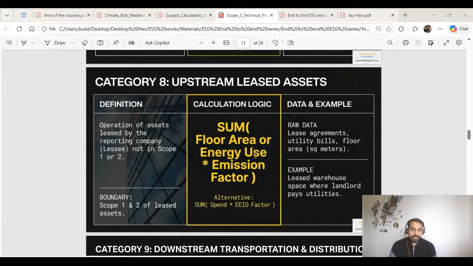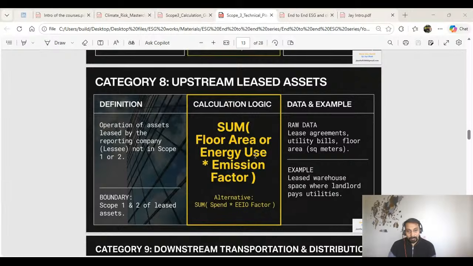Those examples are rented offices, which are leased assets for 90 years, 80 years, or 30 years. Or some manufacturers have leased warehouses for their manufacturing processing units. So those assets come under upstream leased assets, where you rented the particular warehouse or offices.